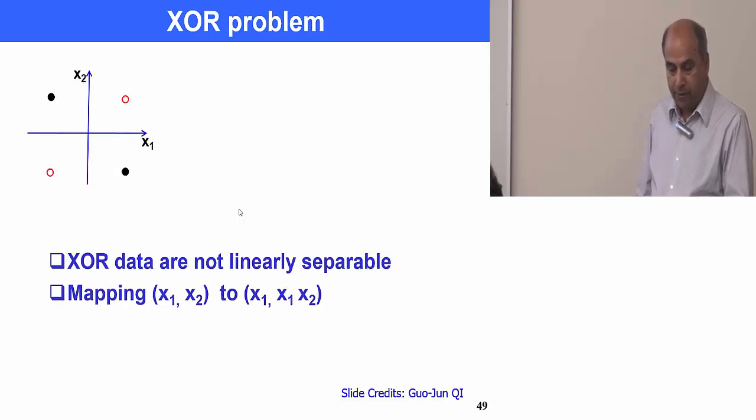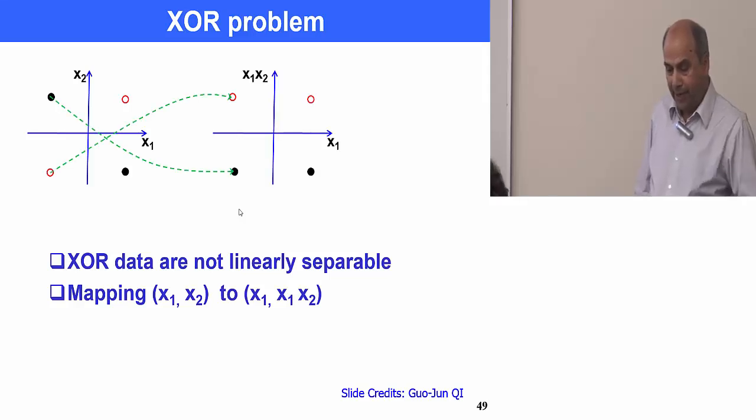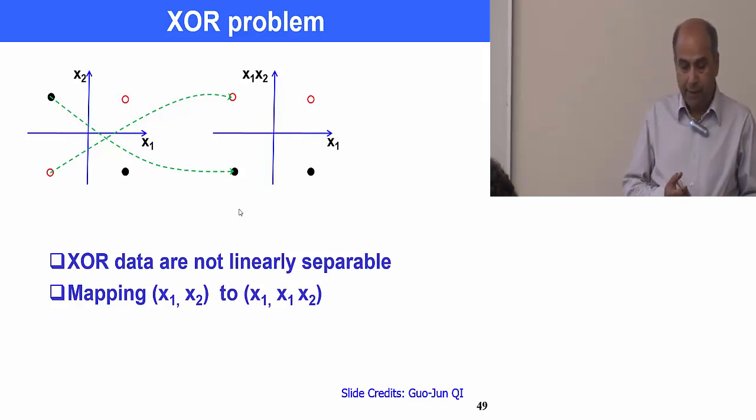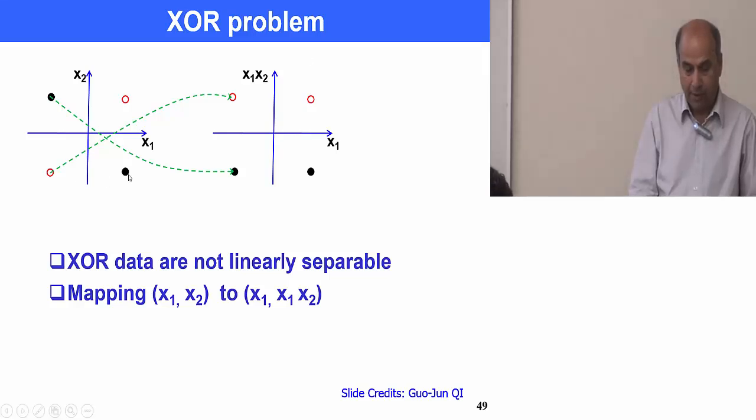So the way to solve this problem is what is called the kernel trick: you take this data and map it to another dimension, another space, and then you can solve this too, which is another very interesting thing in SVM. As you see here, you have these two classes, one red and one black.